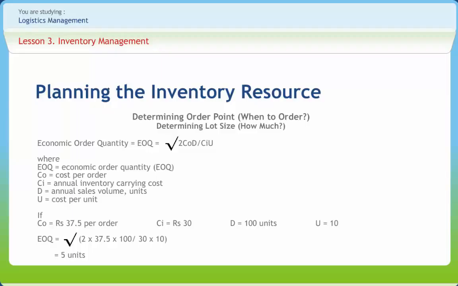Again, the example illustrates the determination of the lot size. Here, you must remember that not all resupply situations operate with uniform usage rates like those in the previous EOQ computations.